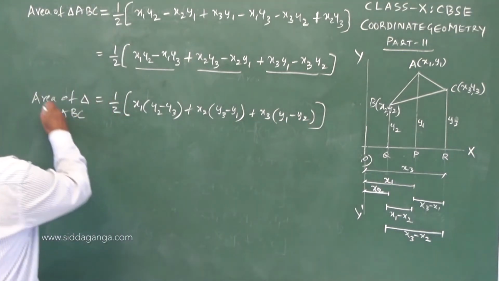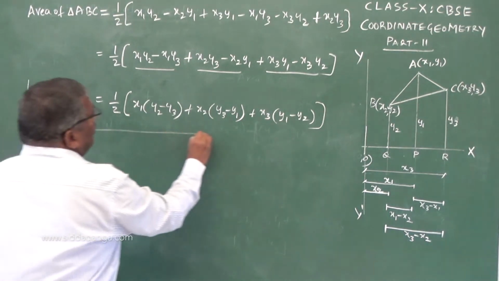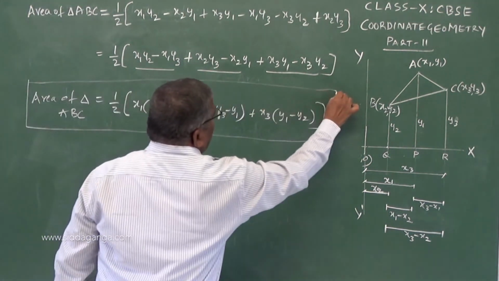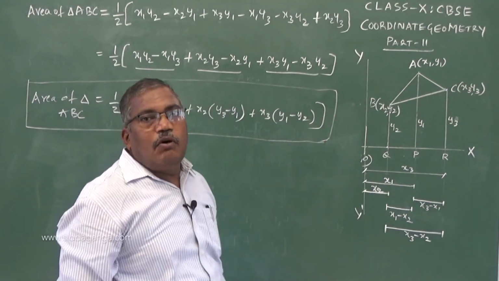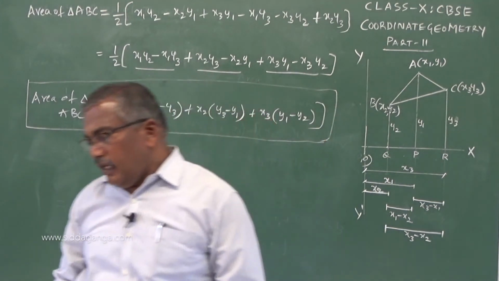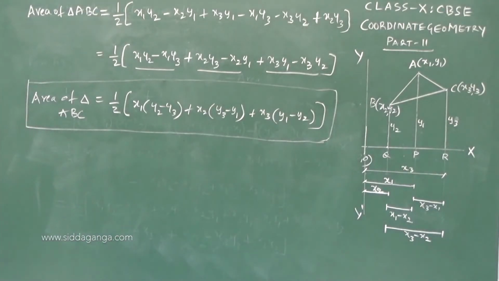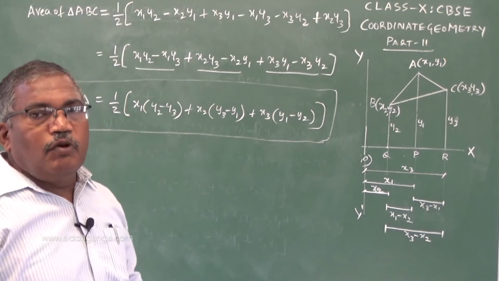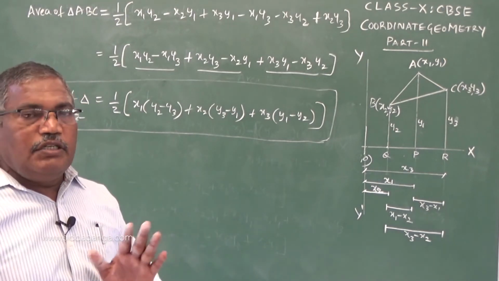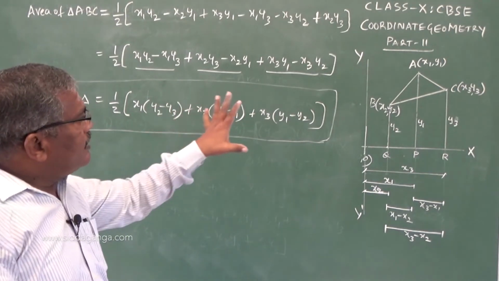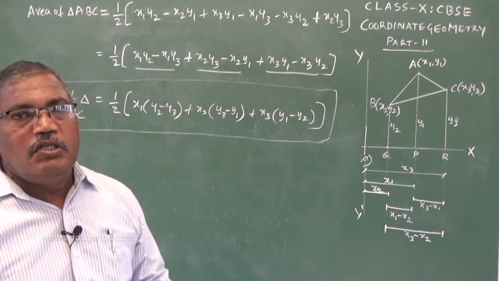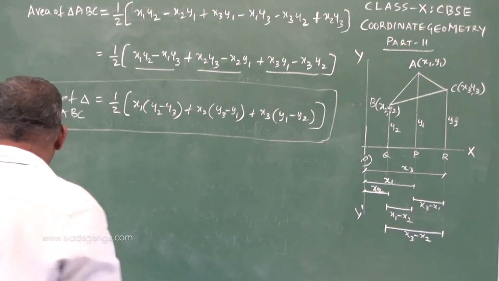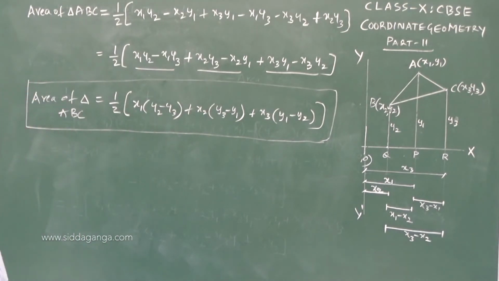So, this is the standard formula for finding the area of a triangle when the coordinates of the points are given. This is given in detail in your textbook also. Keep the textbook side by side with the explanation I have given, and try to understand it clearly. So now, please note down this.